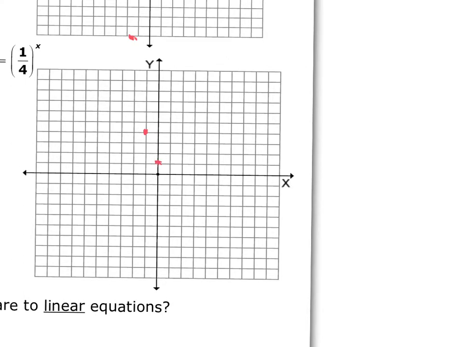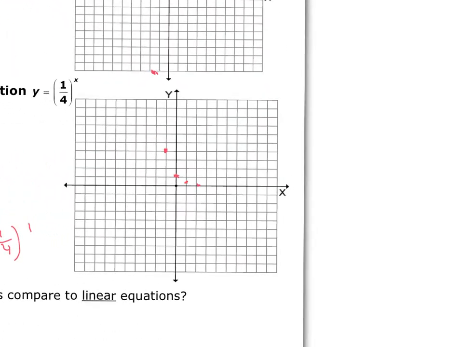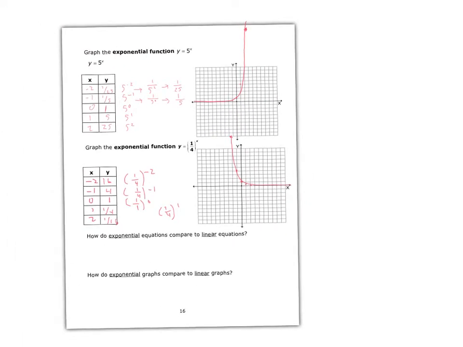And then your last two are 1, 1/4 and 2, 1/16. Okay, so there are your points, and you can go ahead and draw your line between them. Once again, you have that horseshoe shape. It's just facing the other direction this time.